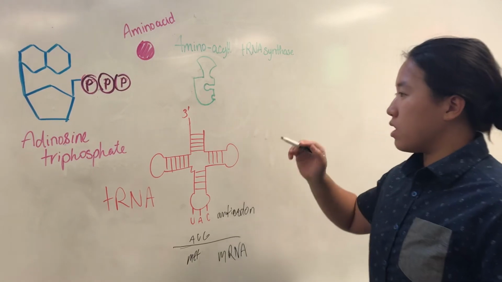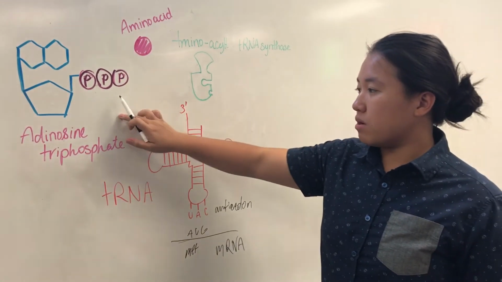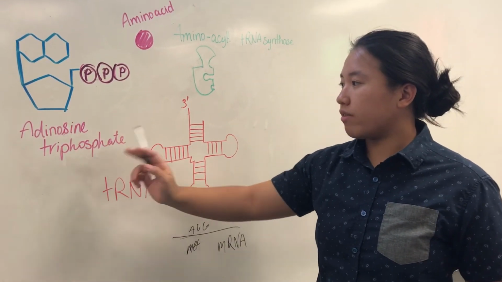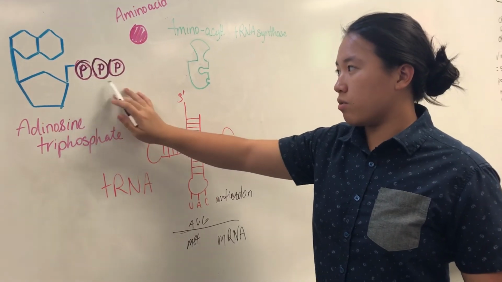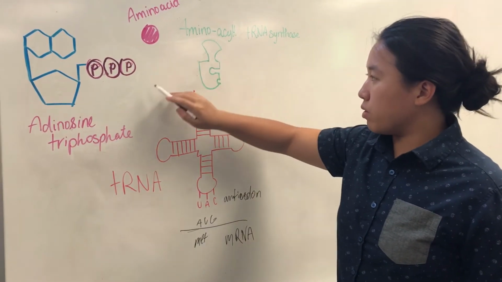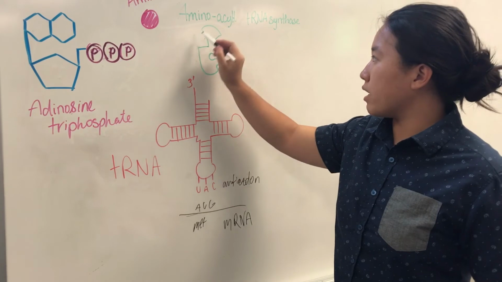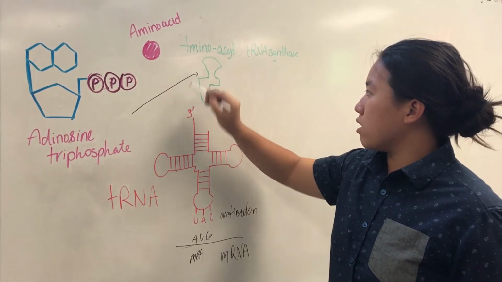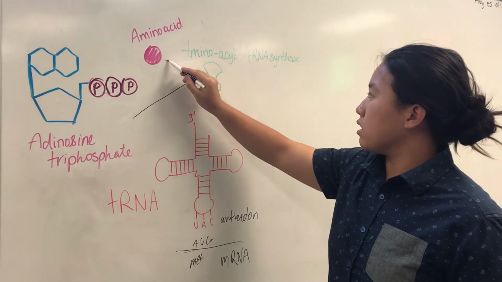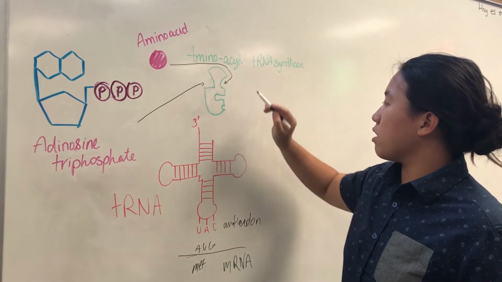All right, now first, the ATP, which is adenosine triphosphate because it has 3 phosphate groups, will bind at the active site, with the amino acid on the other side of the enzyme.